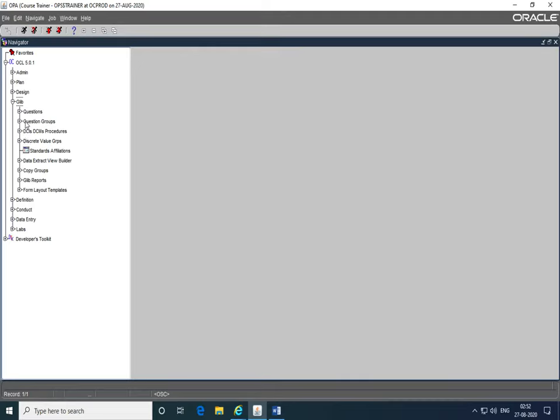They are created at the global library level, and at the definition subsystem level, you create data collection modules and data collection instruments. It is worthwhile to note that discrete value groups, questions, and question groups are not study specific. They are general and can be used across multiple studies, whereas the definition subsystem includes DCMs and DCIs, which are created specifically to a given study.